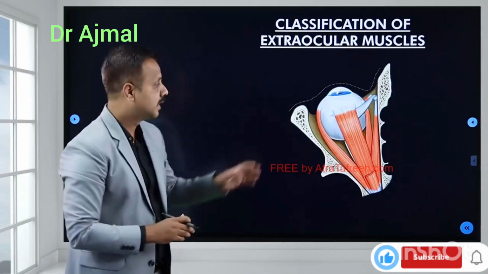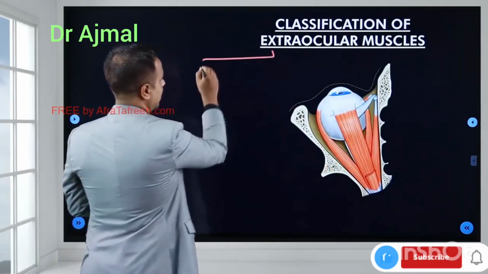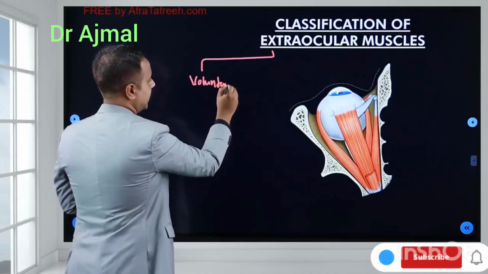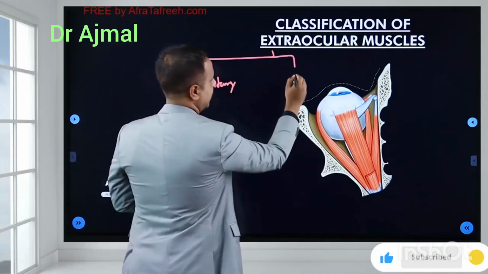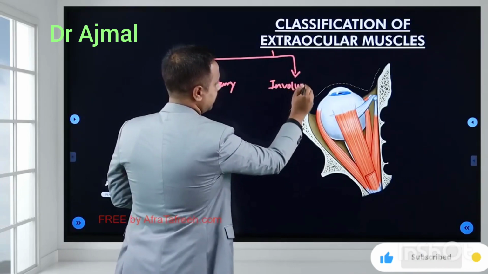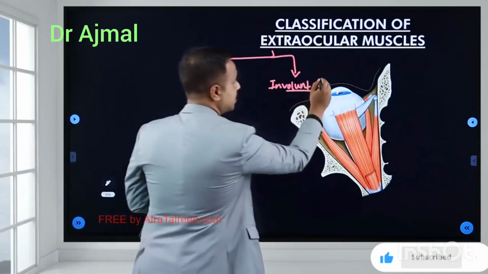What groups? The extraocular muscles can be grouped broadly as voluntary muscles and involuntary muscles. Right? Involuntary muscles are smooth muscles.